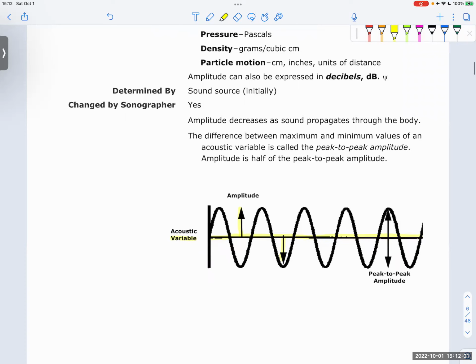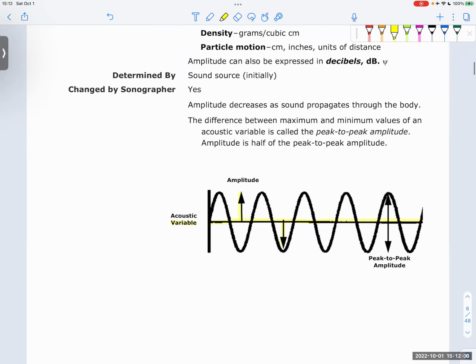The amplitude is defined as how far the wave can go from the baseline. Typically the cycle goes above and below the baseline equally. Hence, the amplitude is the distance of the wave from this baseline.